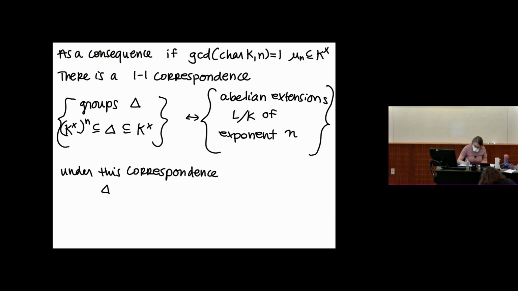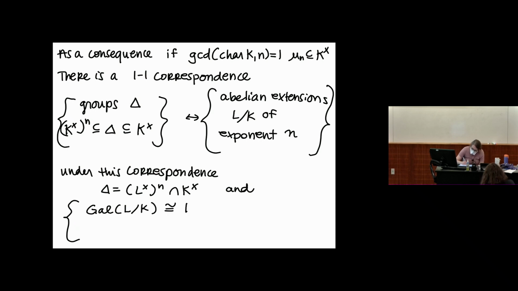the set delta that goes with L is exactly the nth powers of L that are contained in K. And so I'm going to say the same fact in two different ways. You can say that the Galois group of L over K is isomorphic to the set of homomorphisms from this set to the roots of unity.